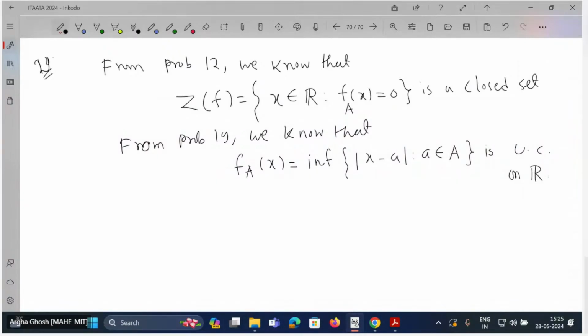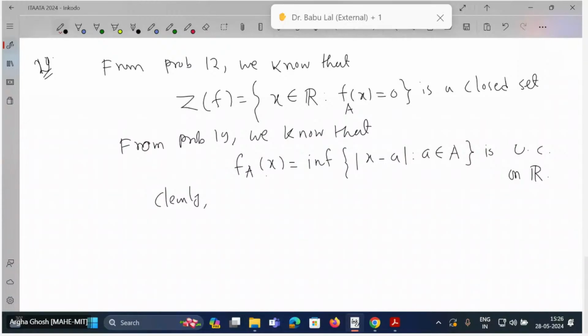Now, if x is an element of the set A, then obviously f_A(x) is 0, because the infimum distance is obviously going to be 0, correct? So clearly A is a subset of Z of f.